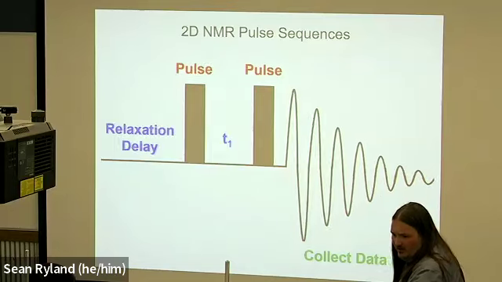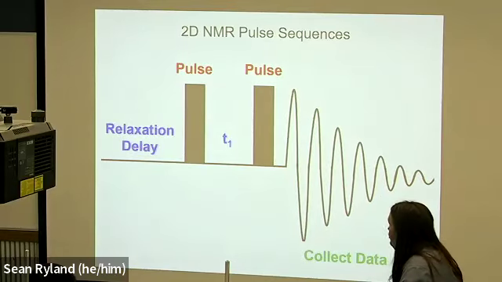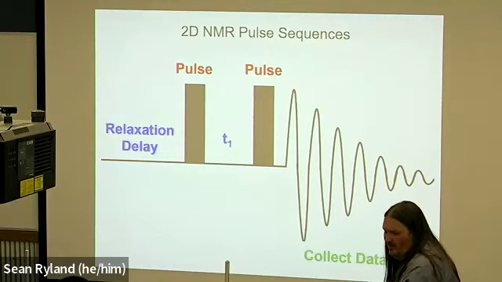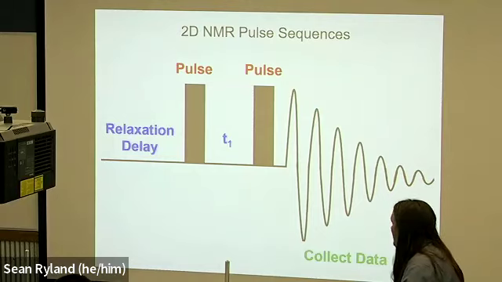With a 2D NMR, you do two pulses with slightly different energies, and the amount of time you wait in between them is going to give you how coupled they are. We still collect the same data. It still shows up the same way as light being given off.